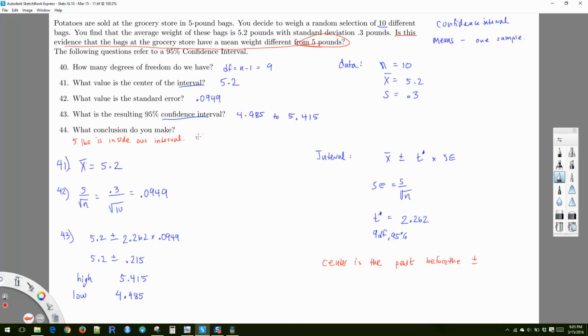So this means 5 pounds is a plausible value. So we do not have evidence that the mean weight is different from 5 pounds.